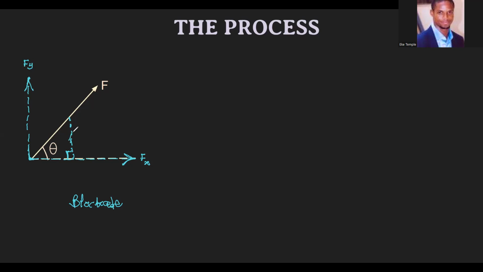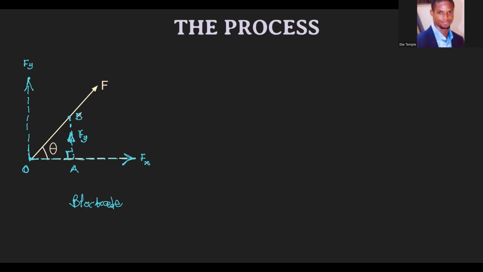The blockade has this vertical orientation now. Therefore, we're going to carry the magnitude of this vertical component onto that side, F sub y. And this is F sub x, while you have the force F. So we have a right angle triangle with the angle within. Let us label this triangle. I will call it triangle O from the origin, A at that point, then to B at that point.